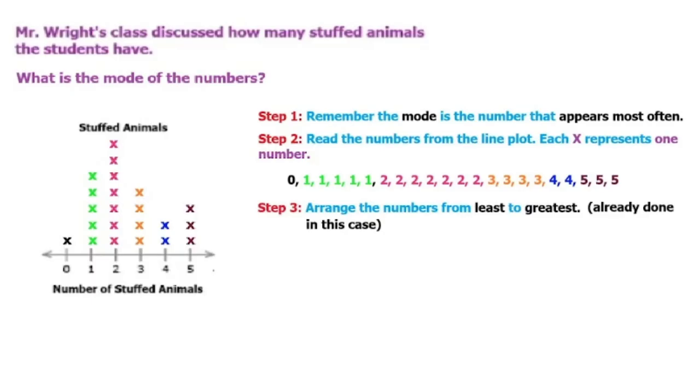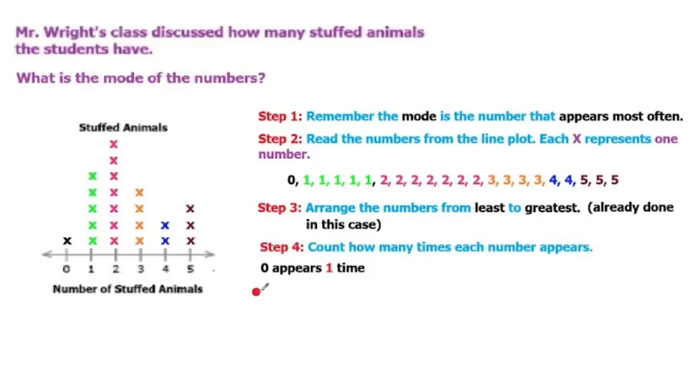So then arrange the numbers from least to greatest. So this is already done in this case. Then step 4, count how many times each number appears. So 0 appears 1 time. 1 appears 5 times. 2 appears 7 times. 3 appears 4 times, right?